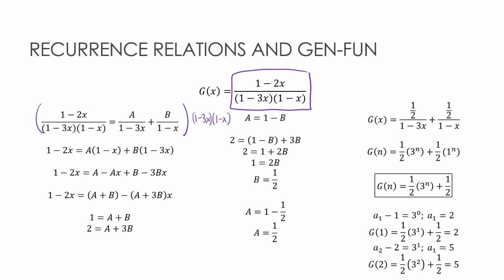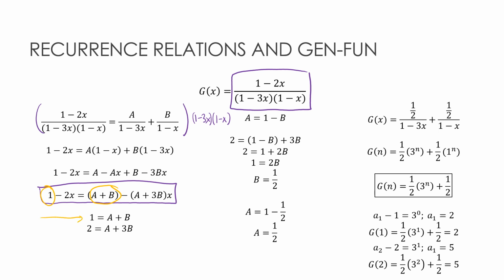So when I get to the bottom, I end up with 1 minus 2x equals A plus B minus A plus 3Bx. So I've combined terms that don't have an x, I've combined terms that do have an x, and then I'm writing two equations. The first equation comes from 1 and A plus B. That's where this guy came from.